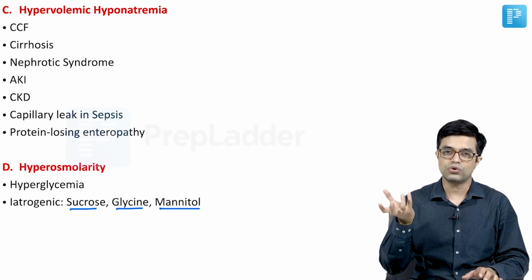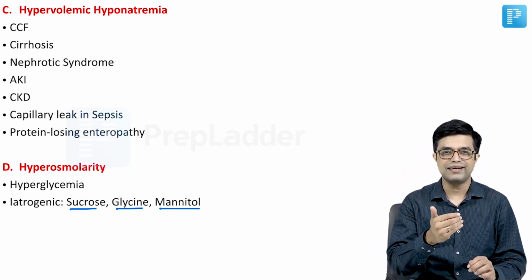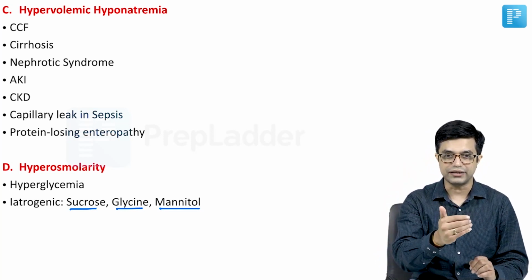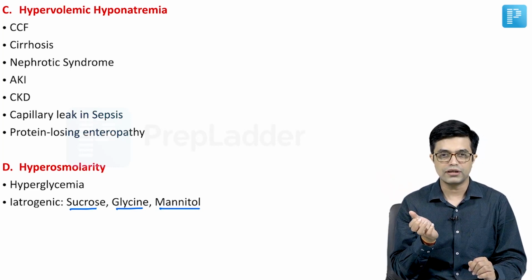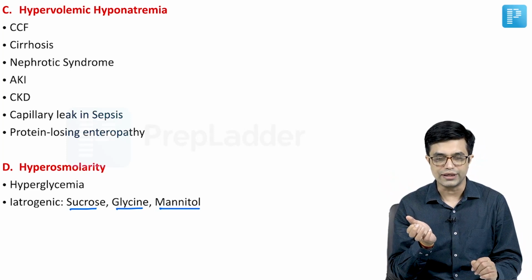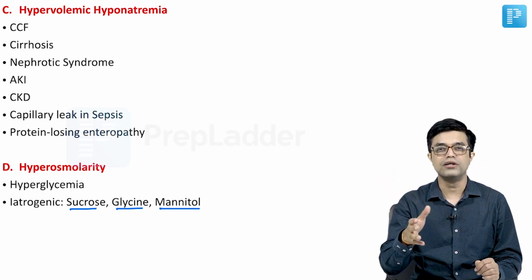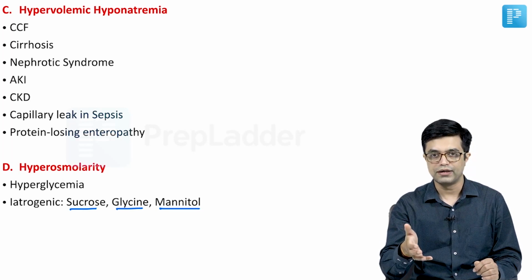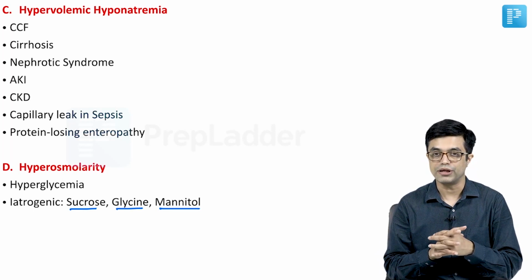It will have its own osmotic action as well. So it will slightly raise the plasma osmolarity. When it raises plasma osmolarity, it will pull water from inside the cell to outside. So when the water gets pulled to the outside, it leads to dilution of the serum sodium, right? Which produces some degree of hyponatremia in the patient.